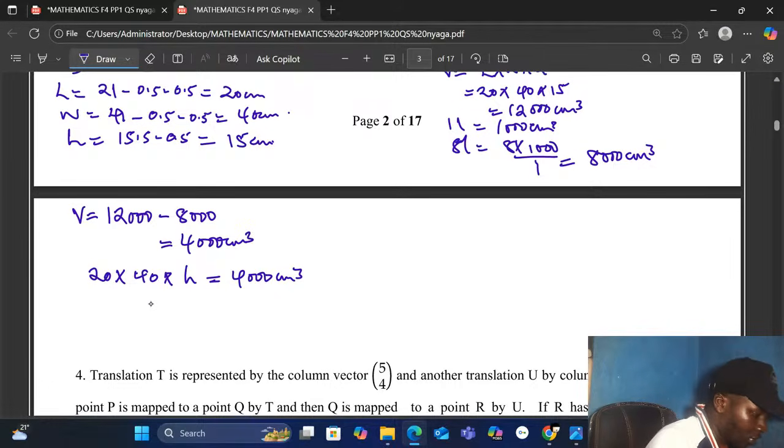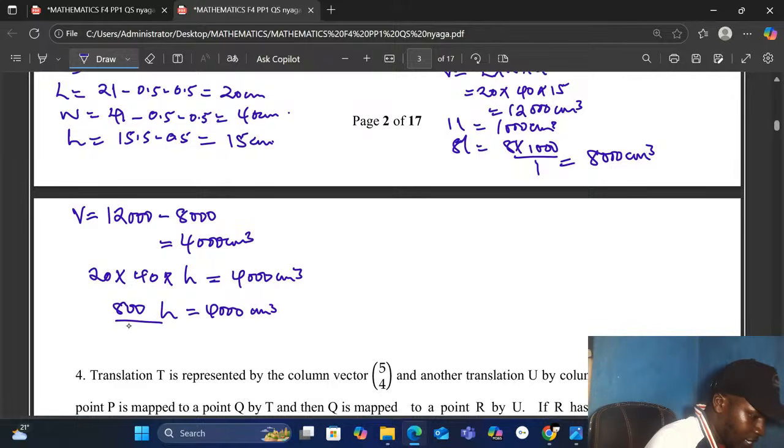So now the value of h: we shall have 800h equals 4,000 cubic centimeters, since 20 times 40 is 800.